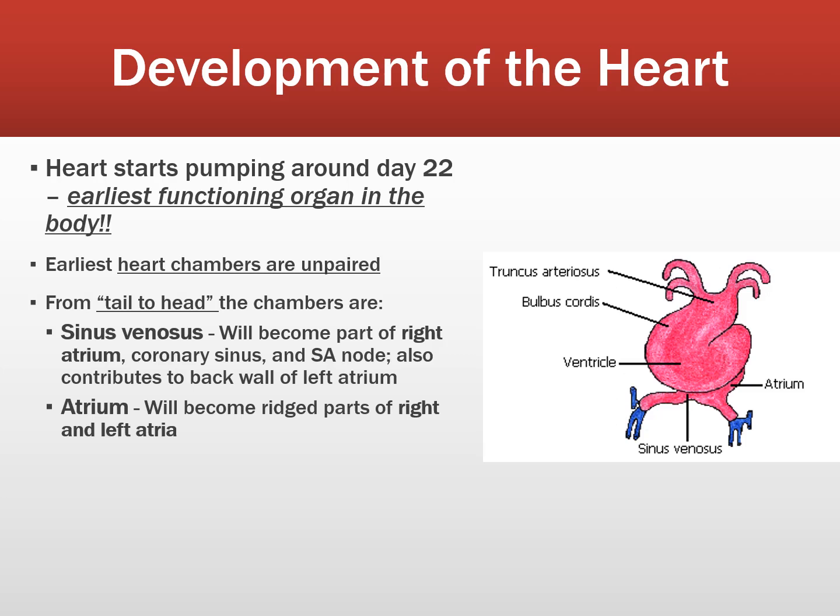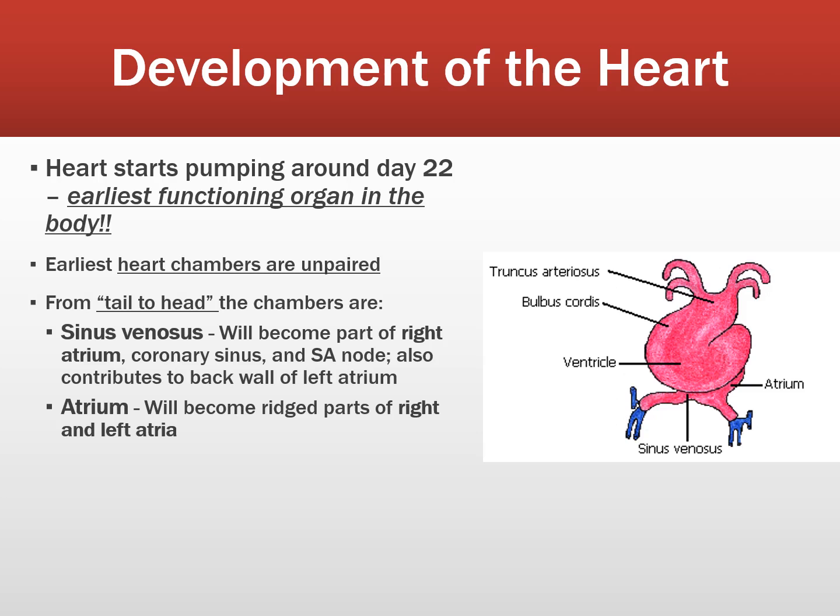And this will eventually become the right atrium. So you're saying, okay, the right atrium's up at the top of the heart, but this is at the tail of this tube. So that's where all this bending comes into play. So this will eventually become the right atrium, coronary sinus, that SA node, very important structures in the heart.